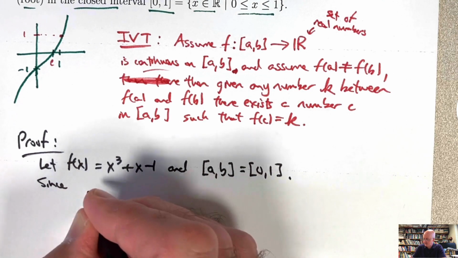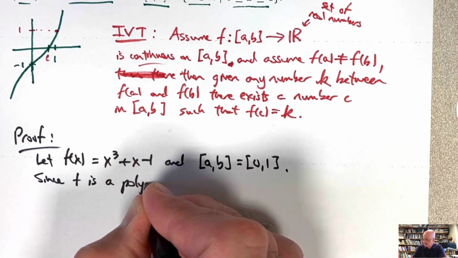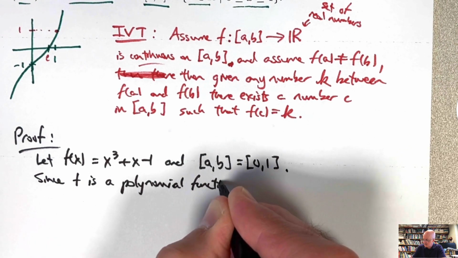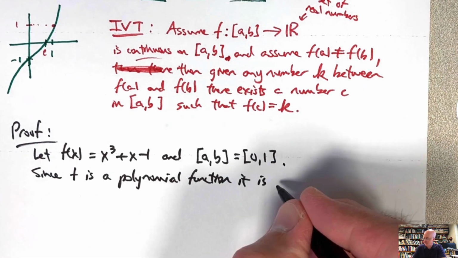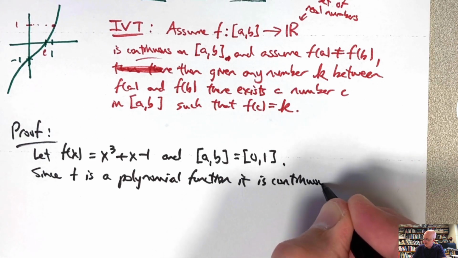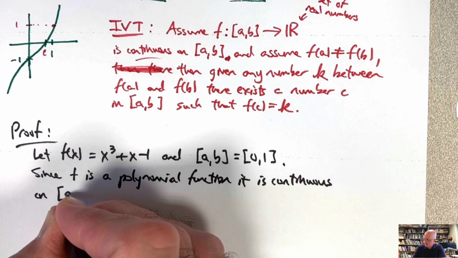Since we want to give reasons for things, since f is a polynomial function, it is continuous everywhere. On R, you could say, but you don't have to say that. It's certainly just continuous on the closed interval from 0 to 1.